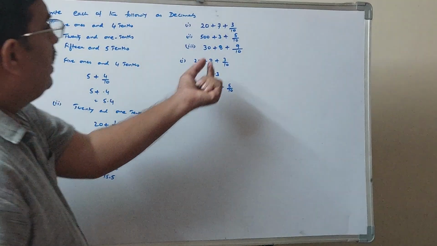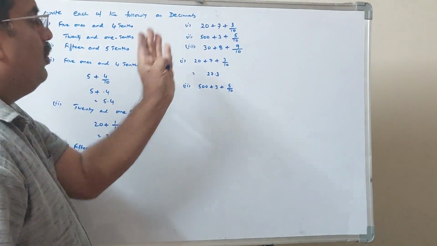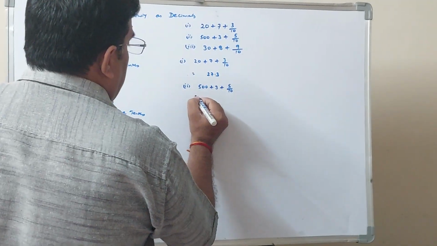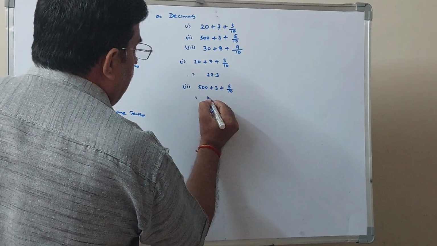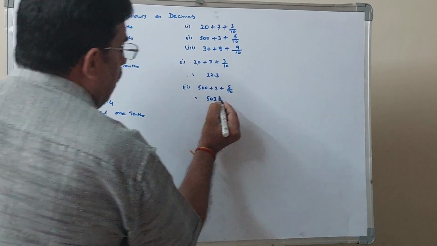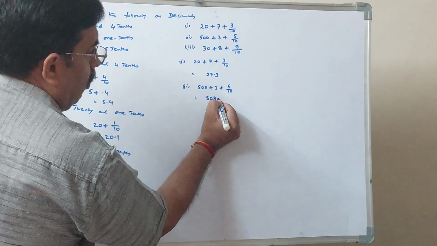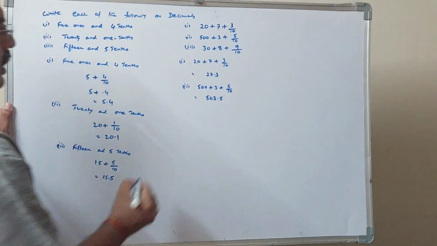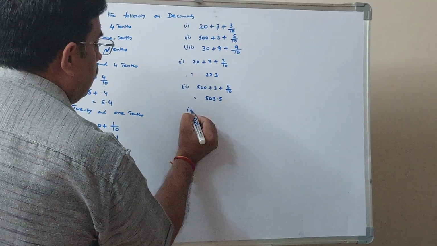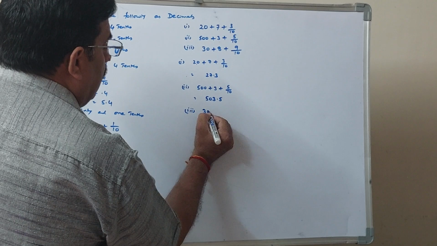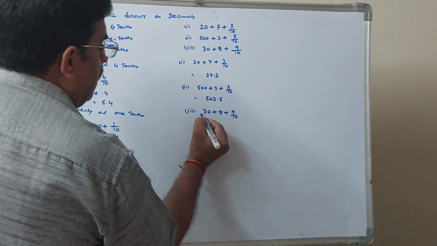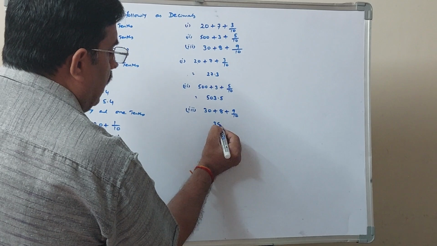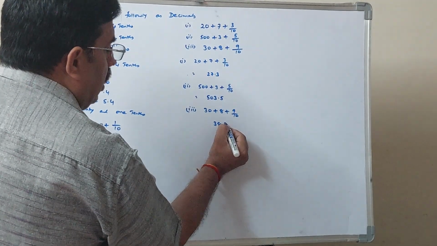The decimal was given in expanded form. We are converting expanded form to decimal form. You see here, 500 plus 3 is 503. 5/10 means 0.5. Clear? Third one, 30 plus 8 plus 9/10. 30 plus 8 is 38. 9/10 means 0.9.